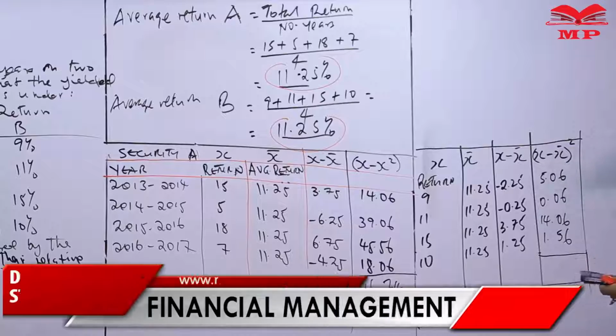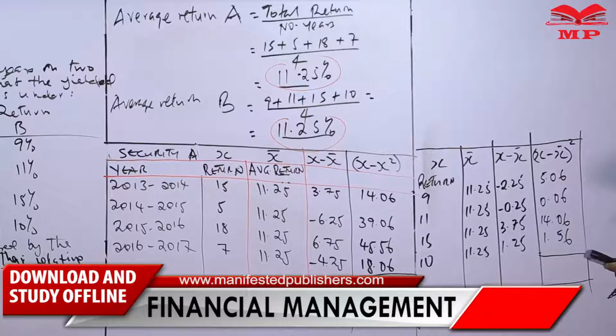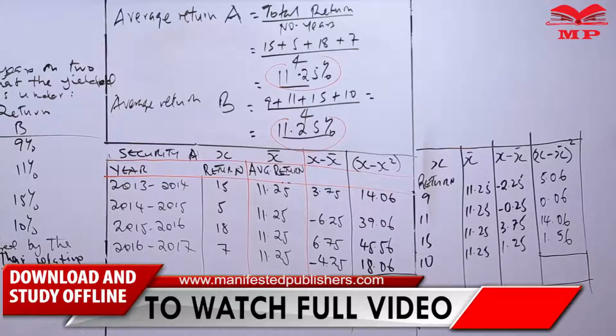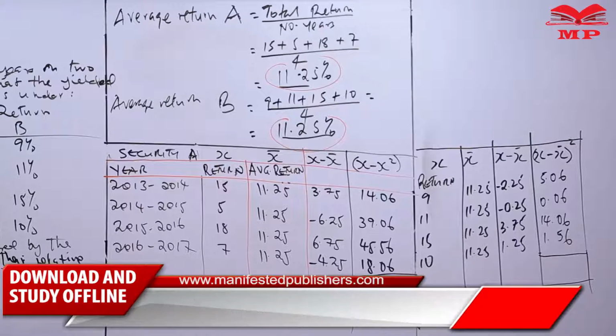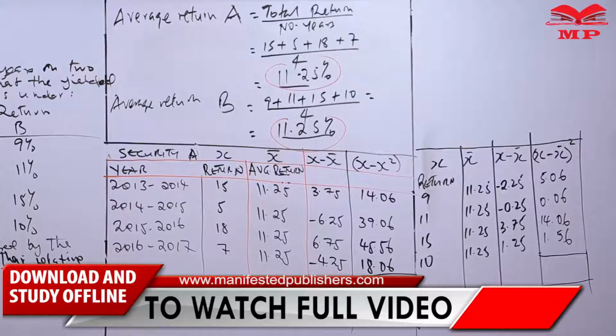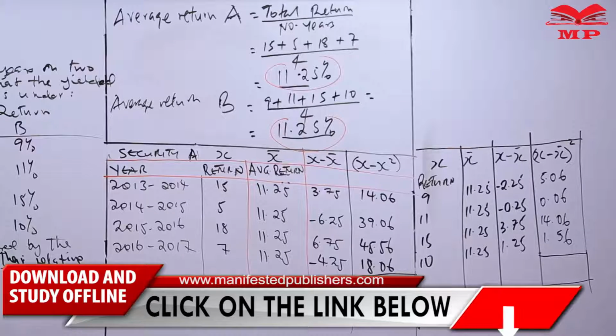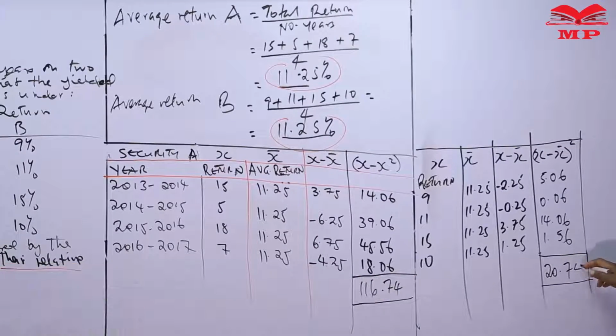Next total here is 5.06 plus 0.06 plus 14.06 plus 1.56. This is equal to 20.74.